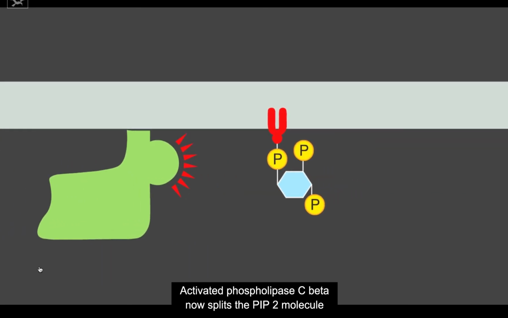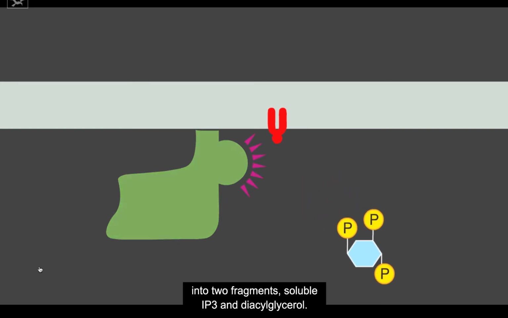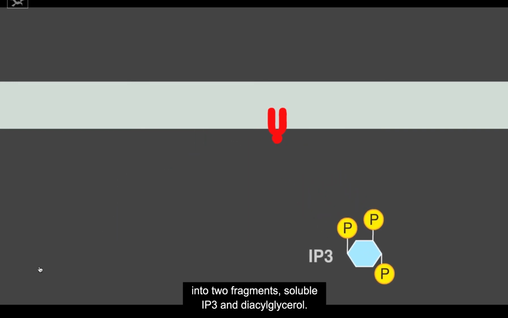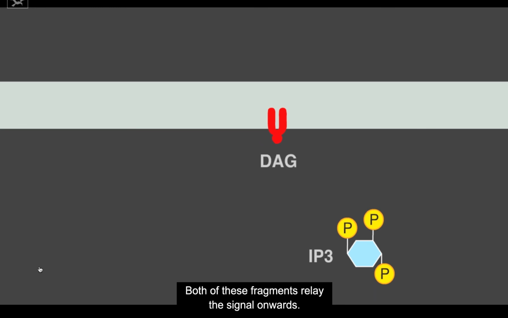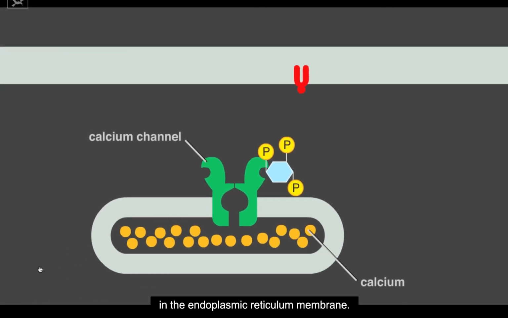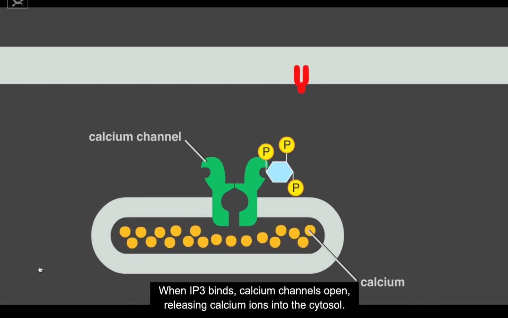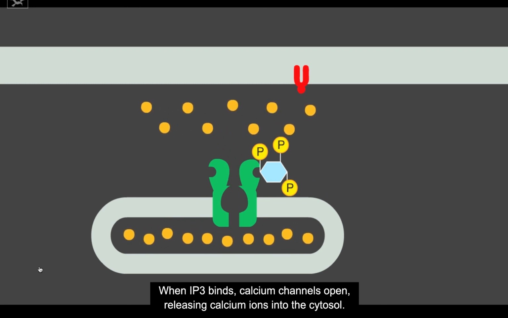Activated phospholipase C beta now splits the PIP2 molecule into two fragments, soluble IP3 and diacylglycerol. Both of these fragments relay the signal onwards. IP3 diffuses through the cytosol and binds to calcium channels in the endoplasmic reticulum membrane. When IP3 binds, calcium channels open, releasing calcium ions into the cytosol.